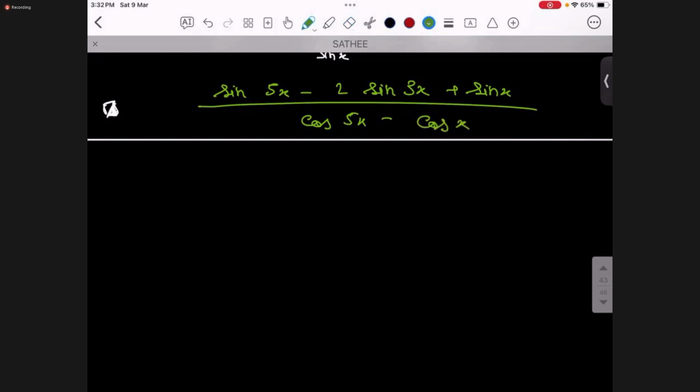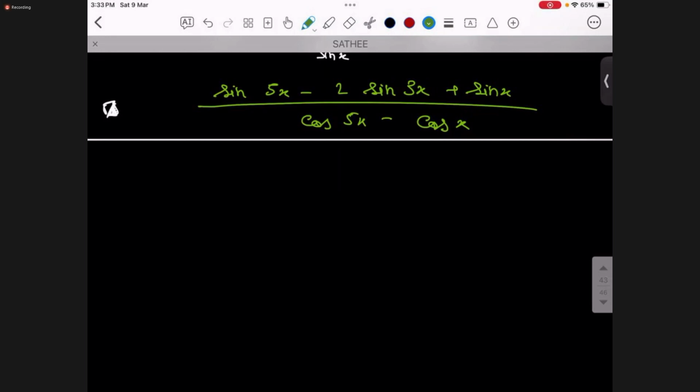Now we need to simplify this given trigonometric expression and obtain the simplest form. Okay, so let's do it.